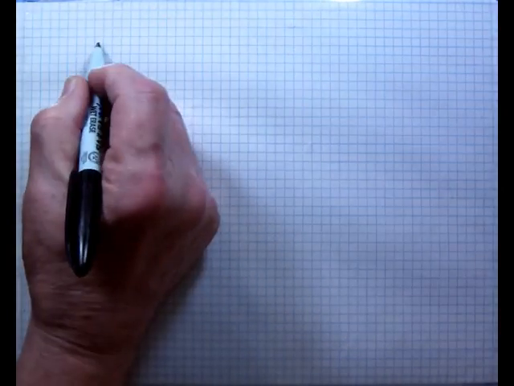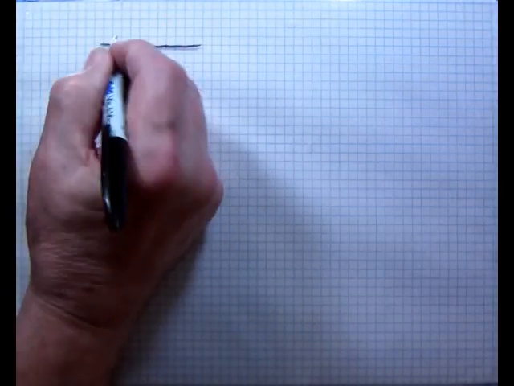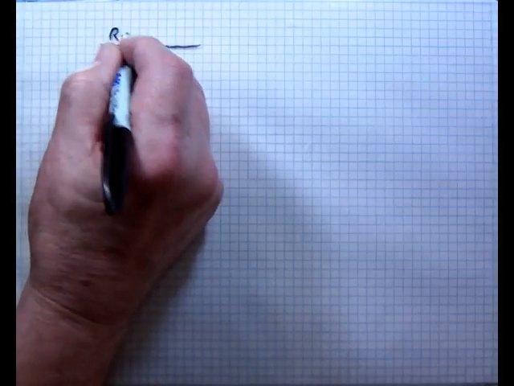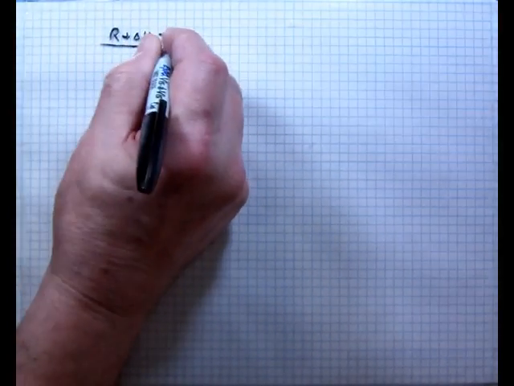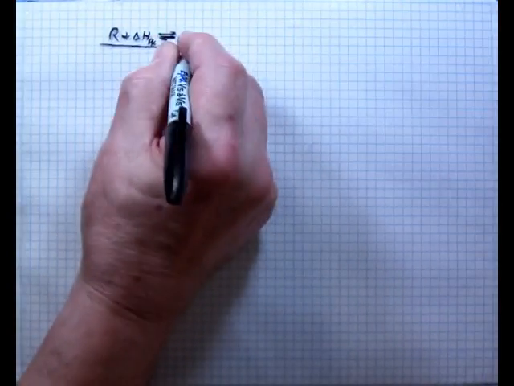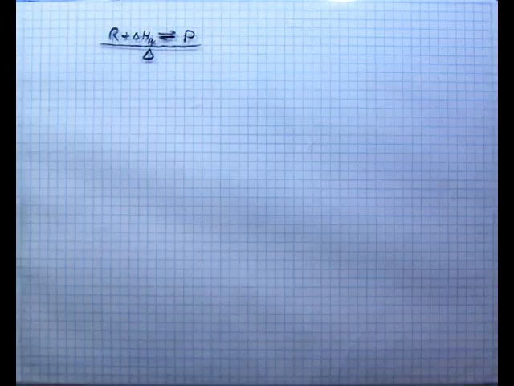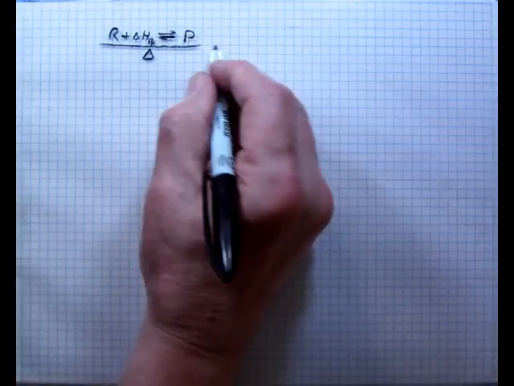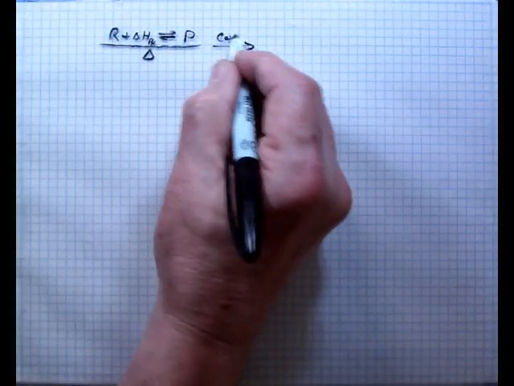Ask yourselves what happens if we have an endothermic reaction. Reactants, delta H of reaction, it's at equilibrium and goes to products. And in this case, cool.